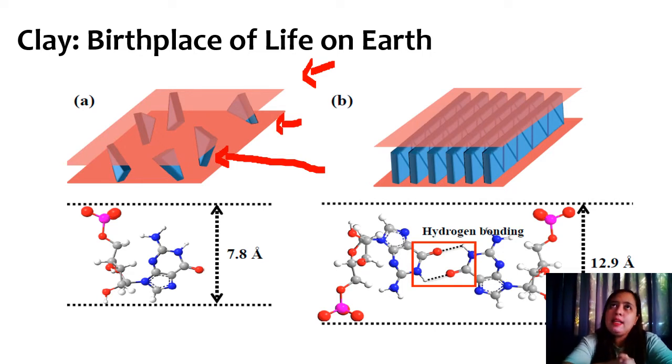So, this is what most of the researchers now are talking about. Walang problema sa sinabi ni Oparin and Haldane at sinabi ni Miller-Urey. It actually causes some of the inorganic molecules to bond together in a very oxidizing ocean.